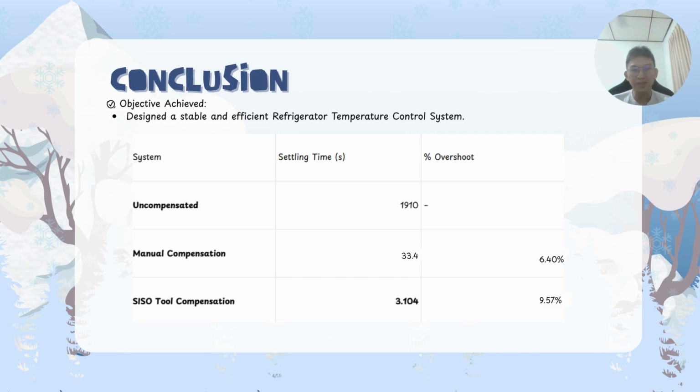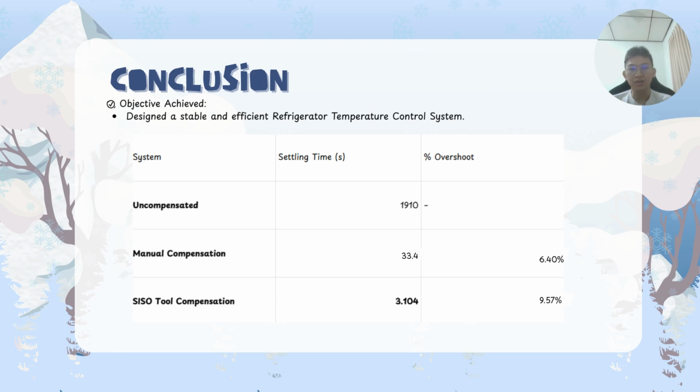The uncompensated system showed extremely poor performance with a settling time of 1910 seconds, far exceeding acceptable limits. In contrast, both compensated systems achieved dramatic improvements. The manually compensated system achieved a settling time of 33.4 seconds and an overshoot of 9.4%.